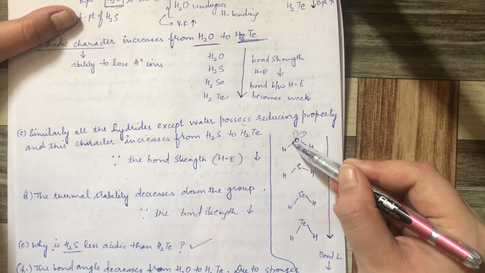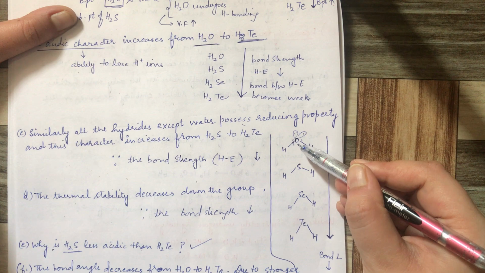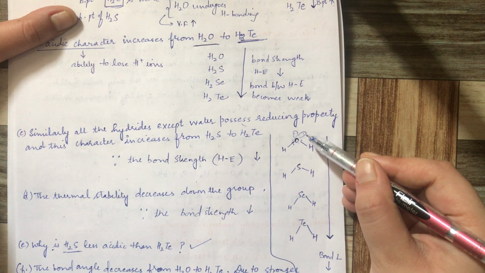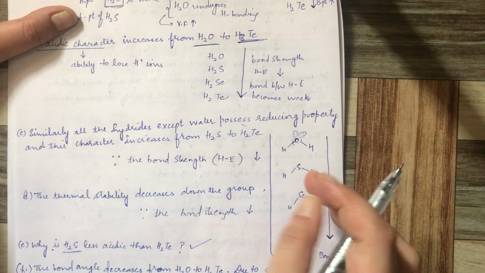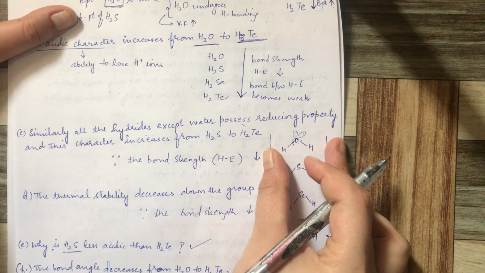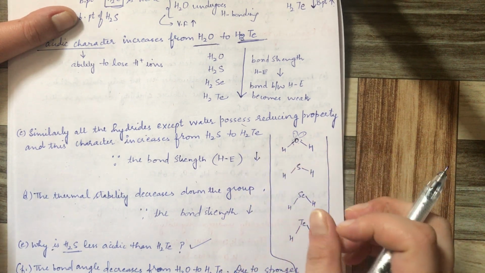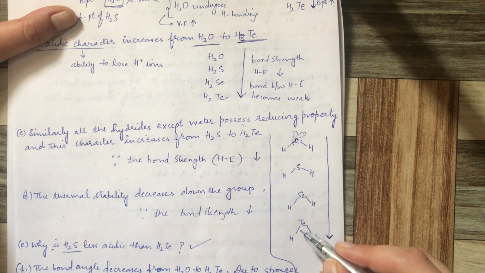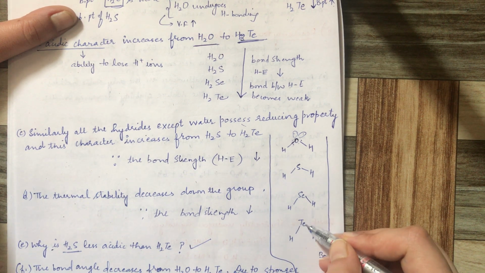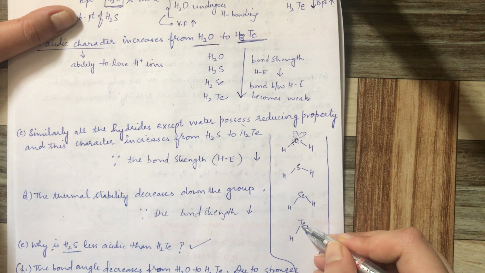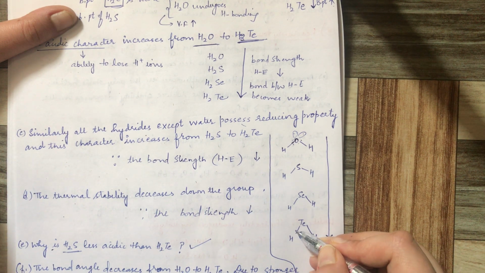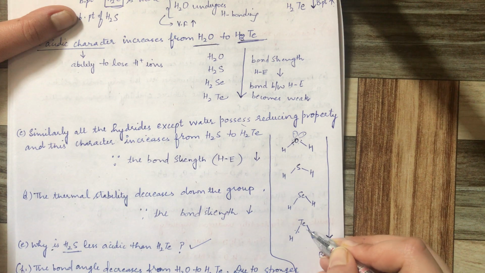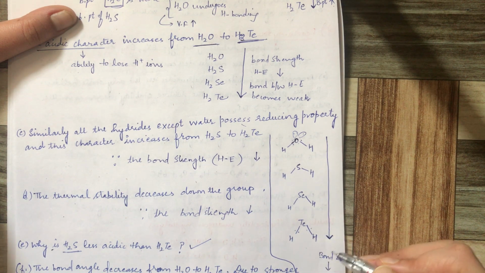So to reduce these bond pair repulsions and lone pair repulsions, the angle opens up, due to which its angle is more. As if we talk about tellurium, it is less electronegative, so the bond pairs are not close to tellurium.